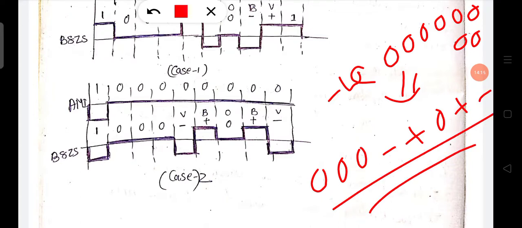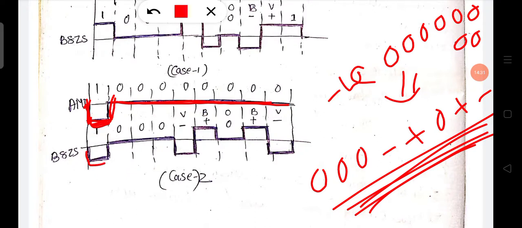Here you see the last pulse before the 8 zeros is negative, so this rule is applied: negative, then 0 0 0 negative positive 0 positive negative.